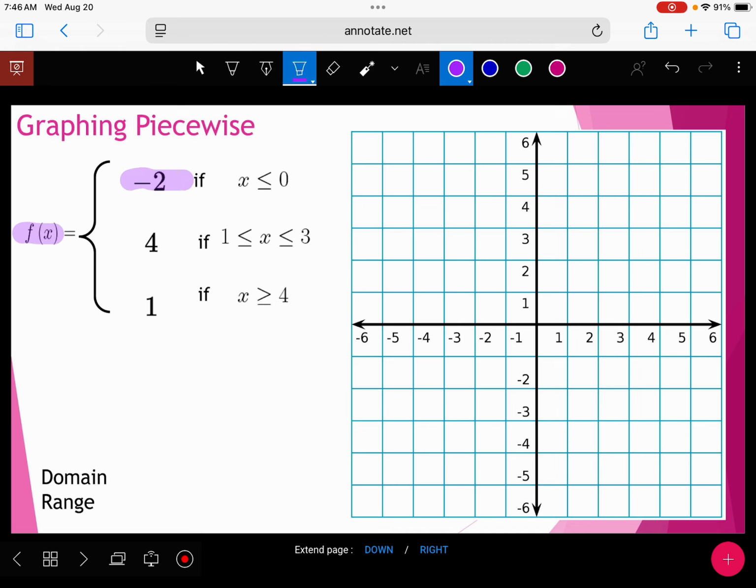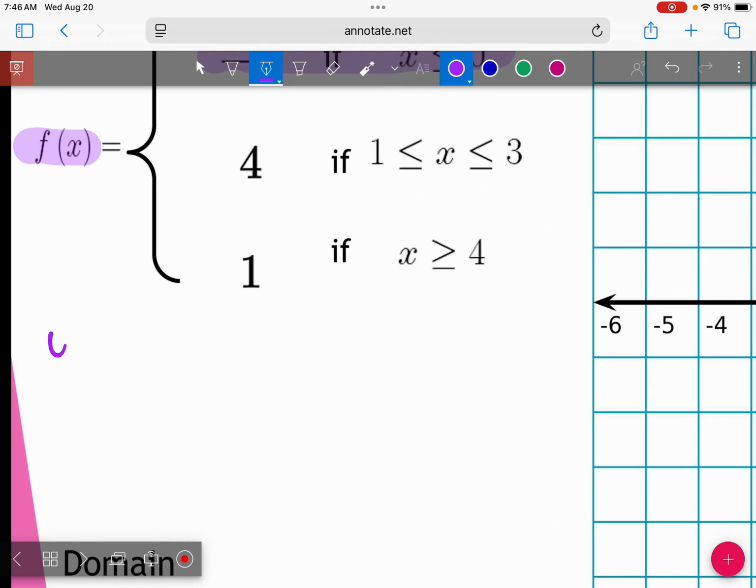For this guy, if y equals -2, because that's what that says to me, that's a horizontal line. So if y equals -2, that's down here, where my y equals -2.